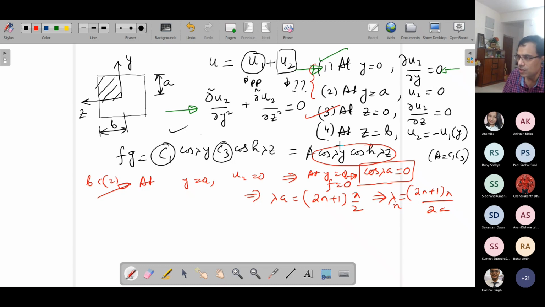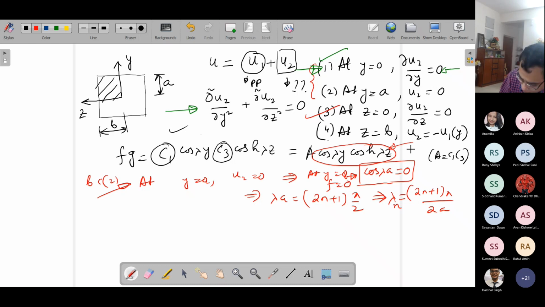So once you have a value of lambda and a value of this one, for each value of lambda, you will have a collection of such terms. How many such terms? N number of such terms for each of these values of lambda.